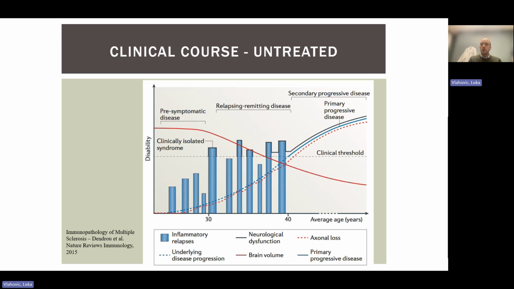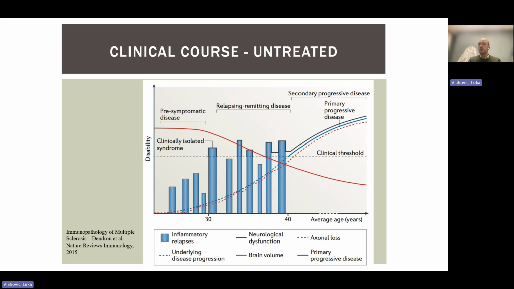Not everybody who develops clinically isolated syndrome will end up having multiple sclerosis, but that's the first relapse, and we call this entity CIS, or clinically isolated syndrome, if the full criteria of MS cannot be met at that point. Then the natural disease process is characterized by these relapses. Some of them can again be subclinical.